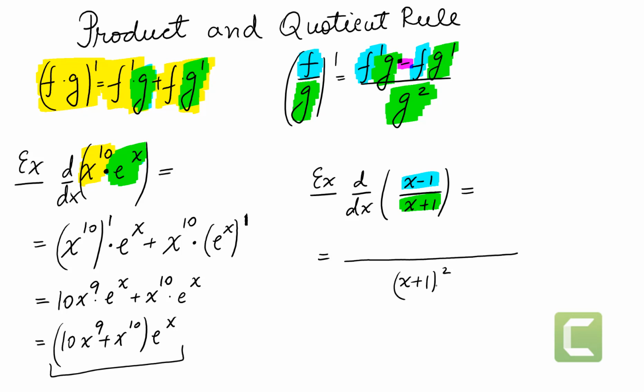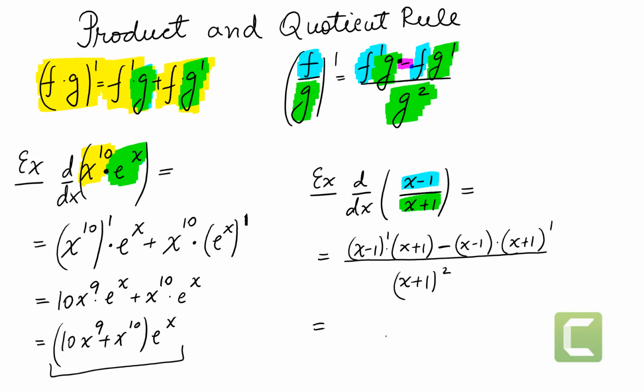And now let's deal with the numerator. The numerator says take the x minus 1 prime and then times the bottom one, not prime. Just leave it like that. Minus, from the formula, f, which is x minus 1, now it's not prime because we already primed before, times x plus 1 prime.